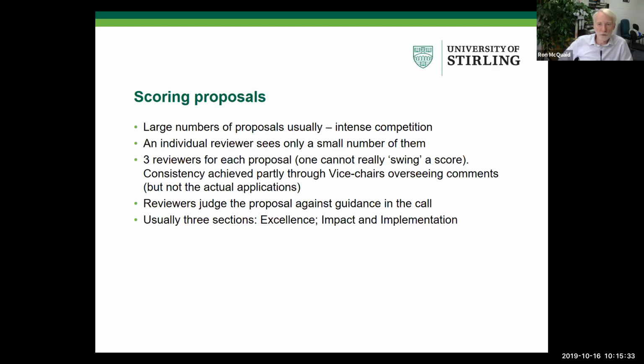The reviewers, that's the evaluators like myself, judge the proposals against the guidance in the call. There's no secret to it. It's simply to look at the guidance, see what they are asking for, and respond to that. Usually there are 3 sections: excellence, impact, and implementation.